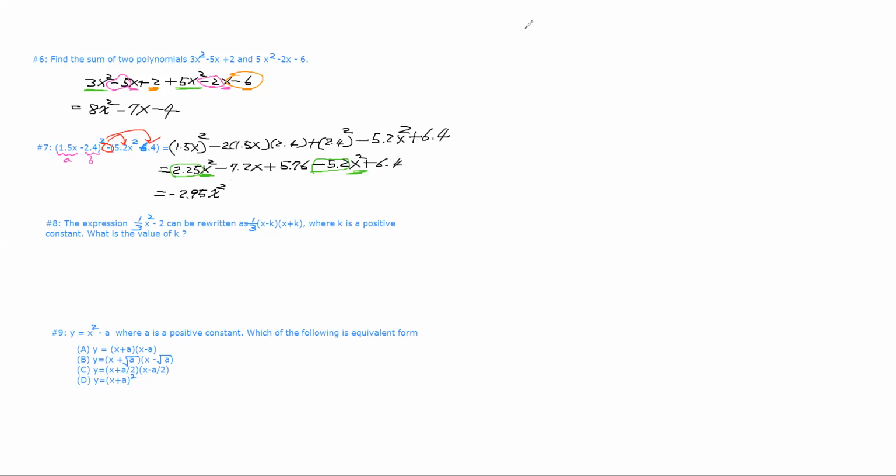Okay, now combining the x terms. There's no other x term here, so only one x term, minus 7.2x. Now, combining the constants, this is 5.76, and this is positive 6.4, right? So when you add 5.76 plus 6.4, you have 12.16. All right.